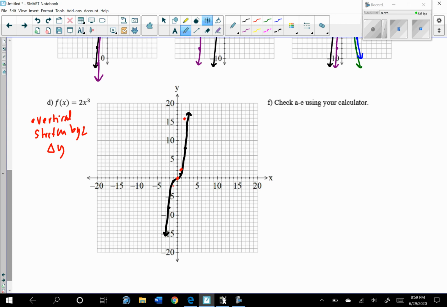Negative 1 times 2 is negative 2, and negative 8 times 2 gives us negative 16. And then that would give us our graph. And of course you could check A through E using your graphing calculator. And that's it.